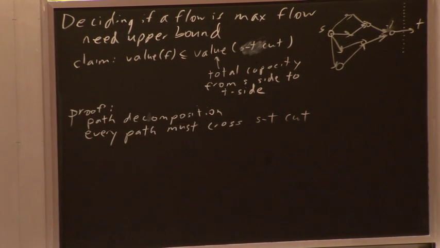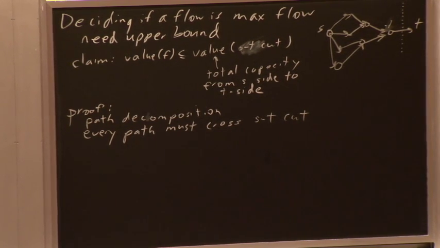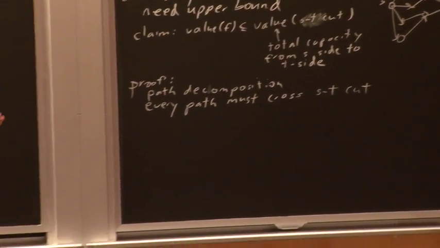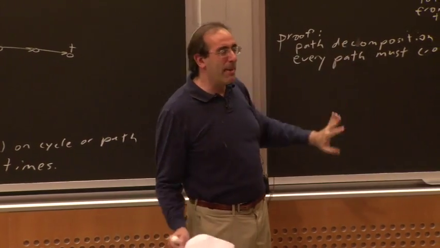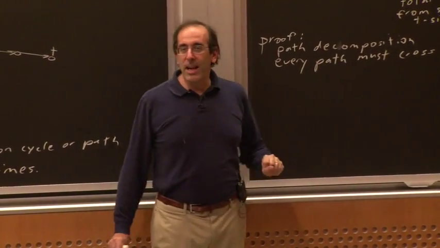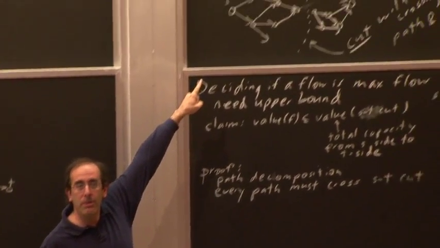Okay. And I kind of tossed this off, but this was actually a really big problem in 19th century mathematics, like the Jordan curve theorem and stuff. They got stuck for a while because they couldn't prove that things had to cross other things. But since we're doing finite, discrete mathematics, I'm not going to worry about it. Obviously, every path has to cross the cut. Right? It's sort of a generalization of this reachability argument that I was making here.